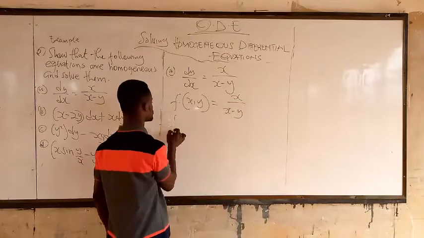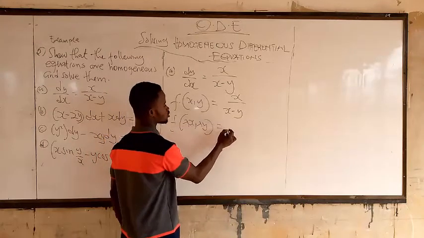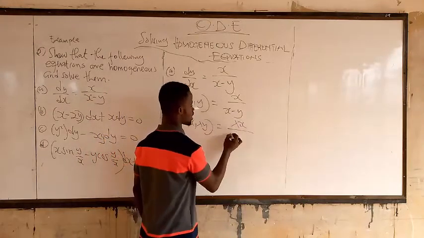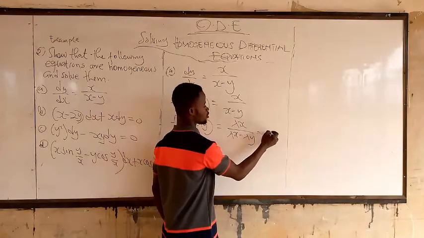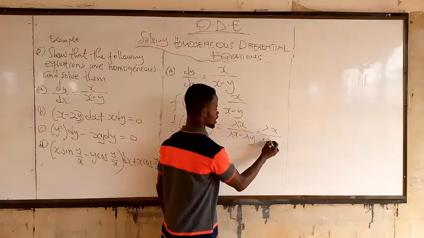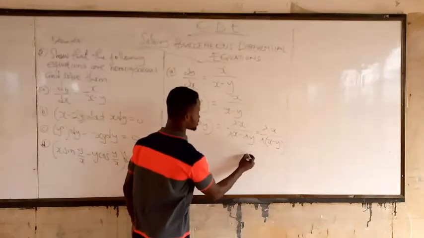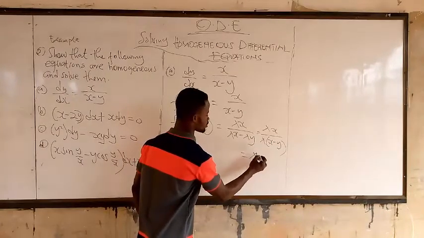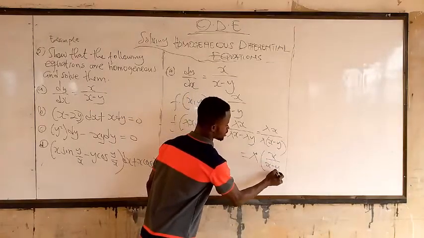So f(lambda x, lambda y) is going to be equal to lambda x over lambda x minus lambda y, and with this you are going to get lambda raised to power 0 times f(x, y).